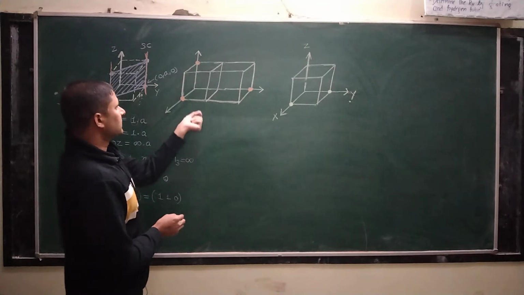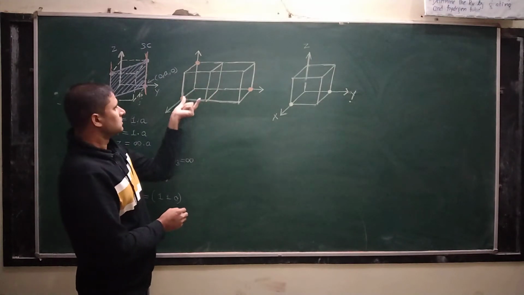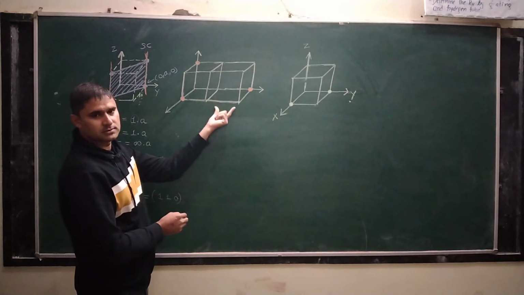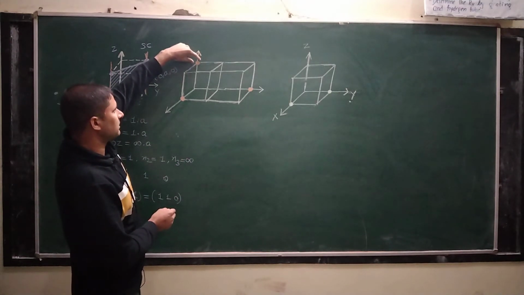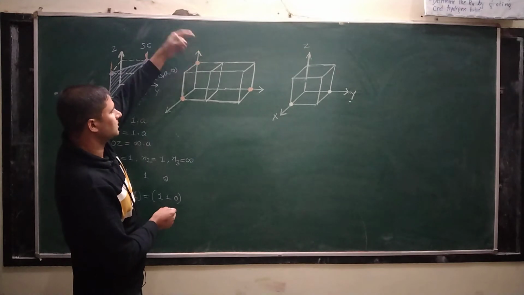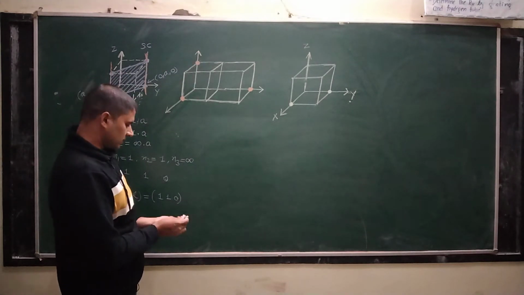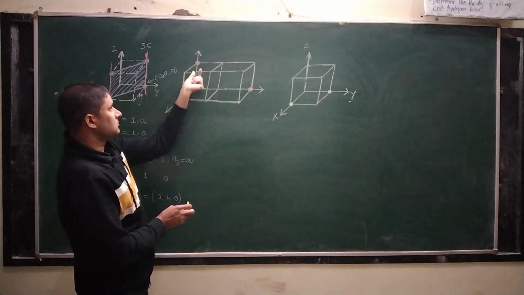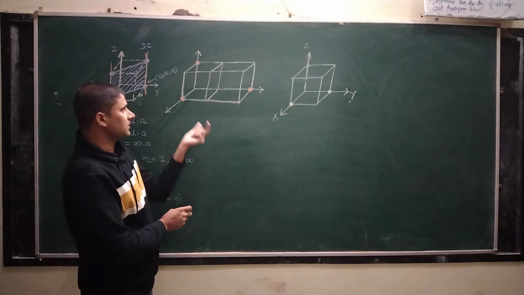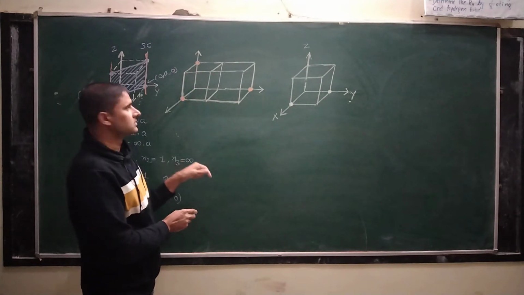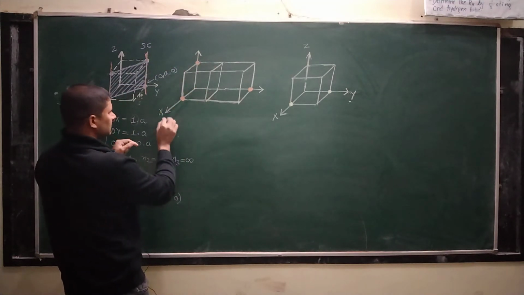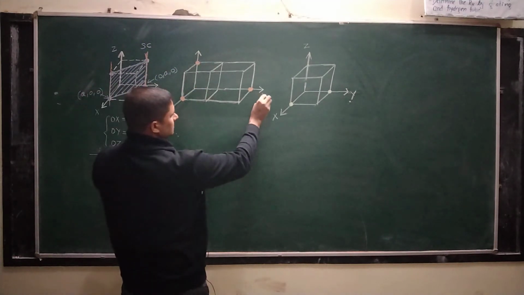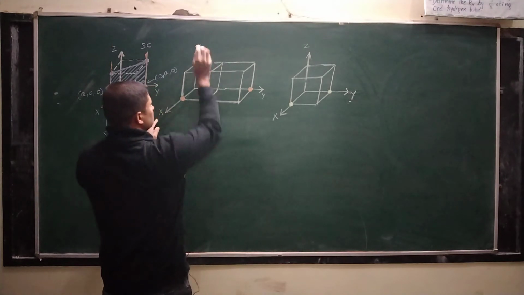Here you see that you have two cubes, okay class, and we have lattice points which are shown by this, I think this is pink color. So if you take a plane which is passing through these lattice points and you find the Miller indices, then firstly we will see what are the intercepts on the x-axis, y-axis and z-axis.